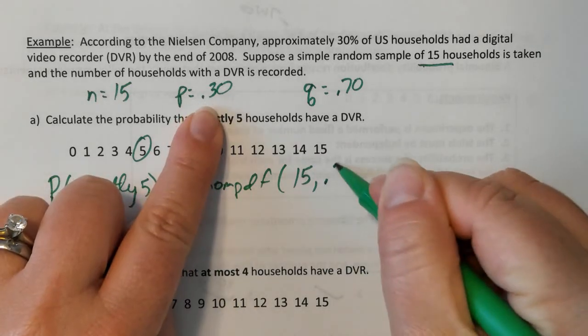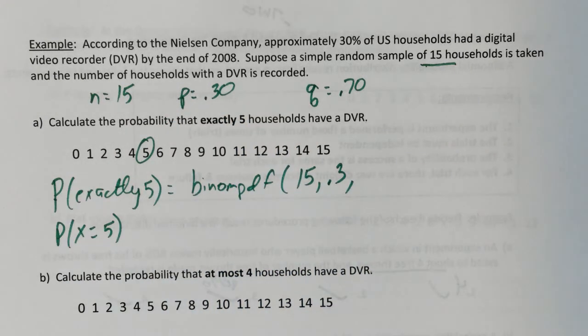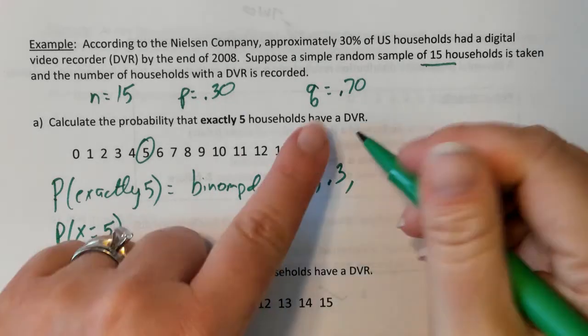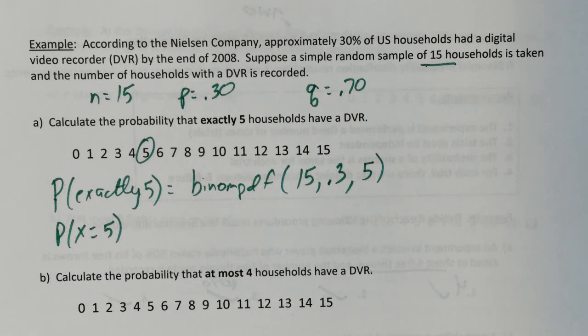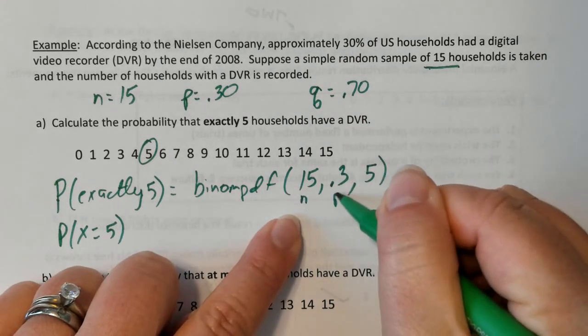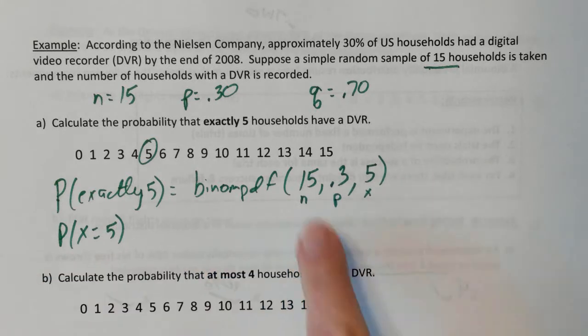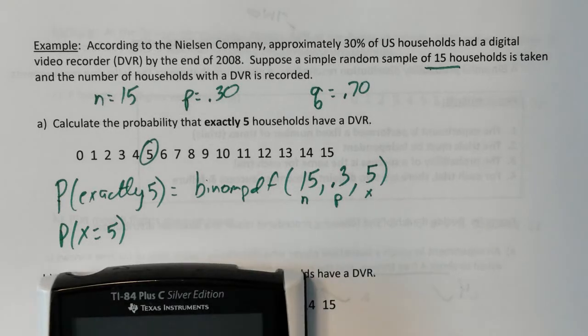Ours was 0.3. And then it's going to want to know, what's the number that you're interested in? In our case, it's going to be 5 because it's exactly 5. So when you go to binomial PDF, it's going to ask for your N, your P, and your X. Our N was 15, our P was 0.3, our X was 5. And then we'll type this in our calculator.